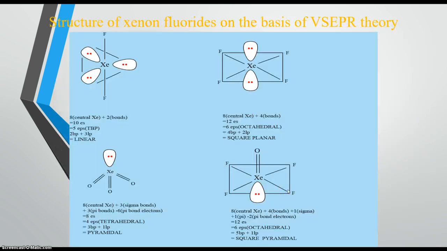Okay, now let's move on to the structures of xenon fluorides on the basis of VSEPR theory. We have already discussed this kind of structure in group 17 elements. In the first compound, XeF2, the central xenon has 8 electrons. It forms 2 single bonds, so plus 2 electrons, total 10 electrons, which means 5 electron pairs. Five electron pairs means the geometry is trigonal bipyramidal, but among these, 3 are lone pairs present in the equatorial plane, and 2 are bond pairs.